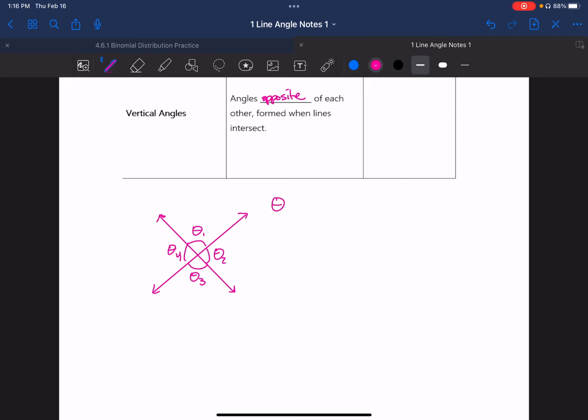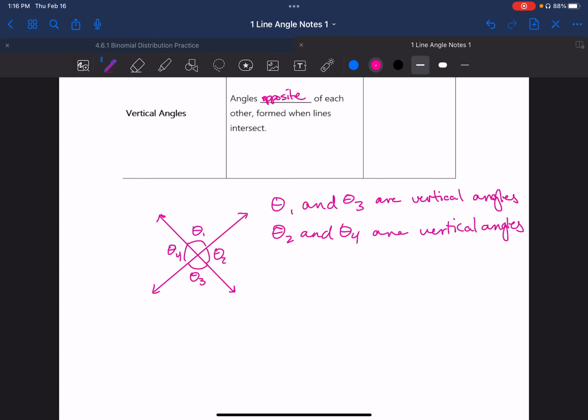So here, theta 1 and theta 3 are vertical angles. And theta 2 and theta 4 are vertical angles. And what's cool is we know that these then are equal. Theta 1 equals theta 3. Theta 2 equals theta 4.